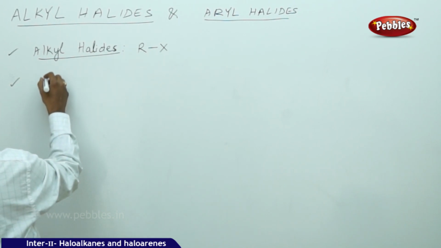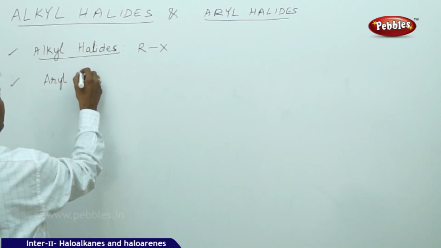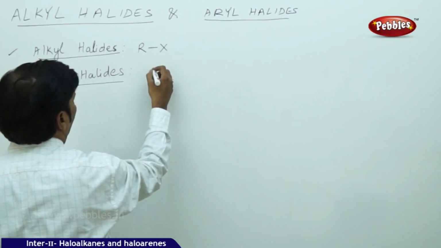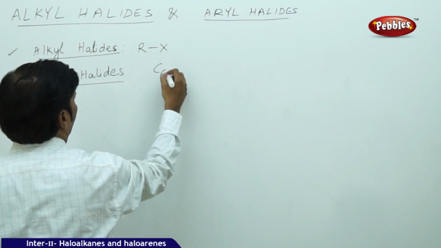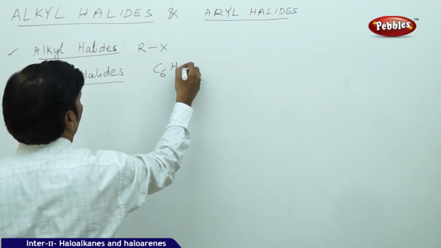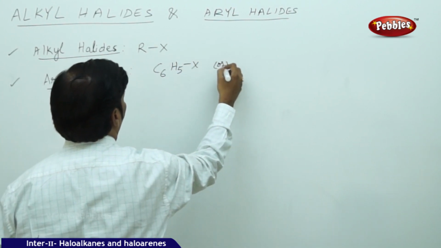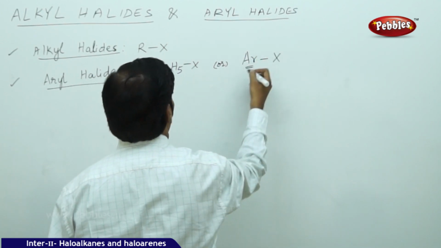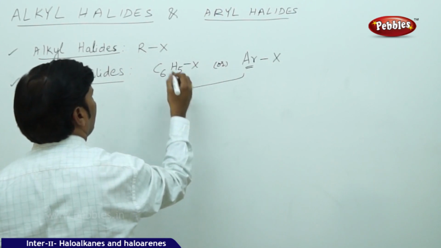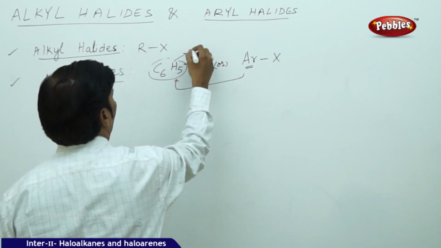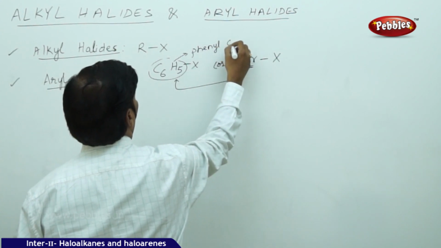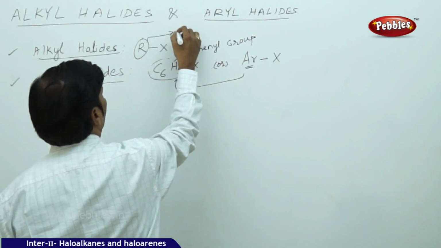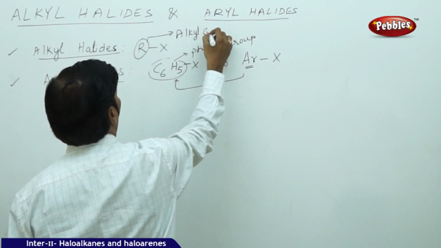If you take aryl halides, the general formula you can take is C6H5X, or simply you can say Ar means aryl, so ArX. Here Ar represents the phenyl group, and here R represents the alkyl group.